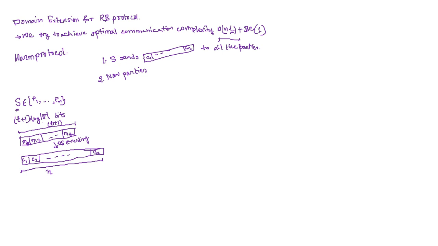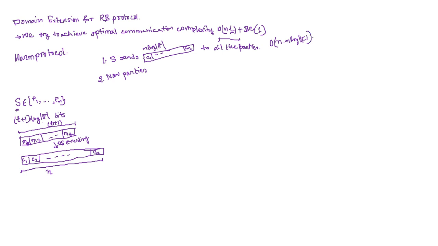So we know that there are n number of field elements and each field element can be represented using log f bits. So there are a total of n into log f bits in here. Now these many bits are communicated individually to each of the n parties. So that makes it order of n into n log f, right?